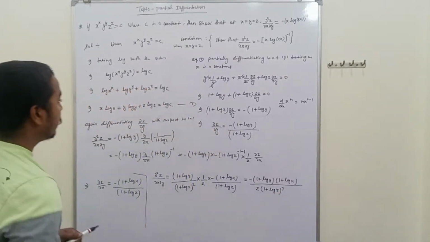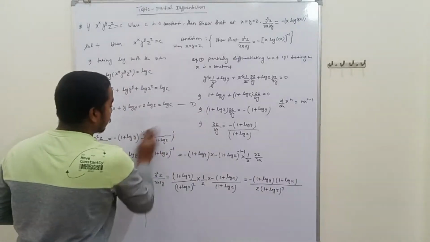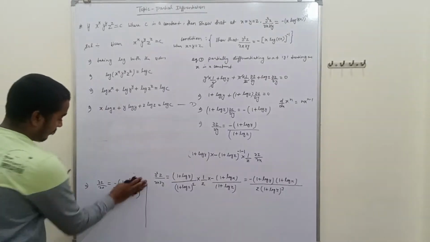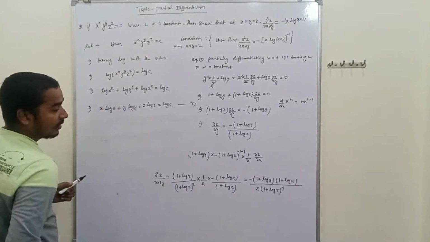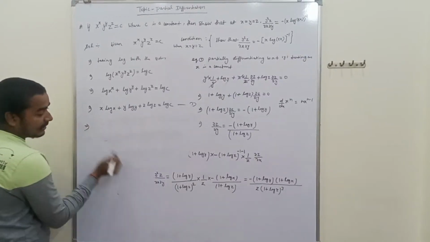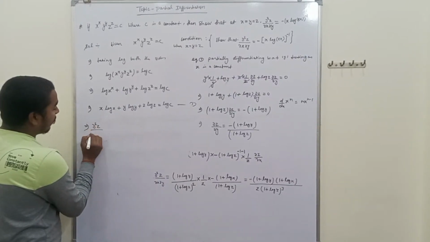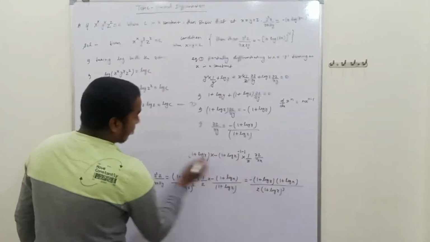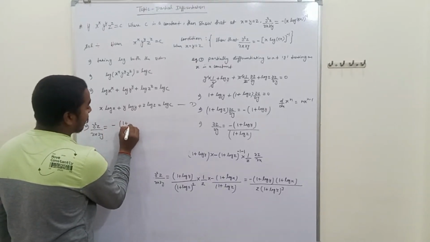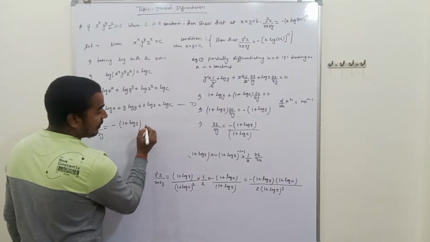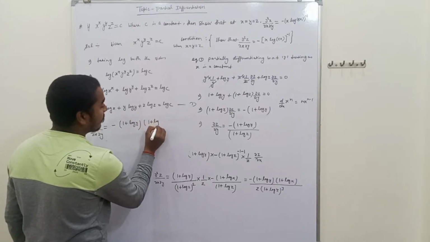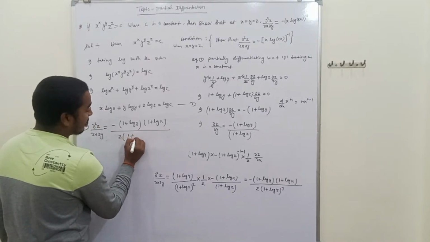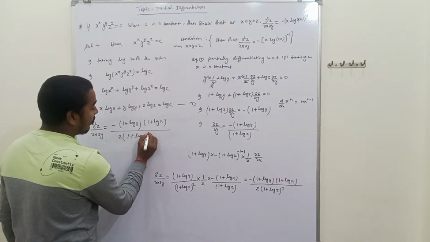Further we have to solve using the condition, that is del 2z upon del x del y is equal to, given here, minus of 1 plus log y into 1 plus log x upon z into (1 plus log z) whole power cube.